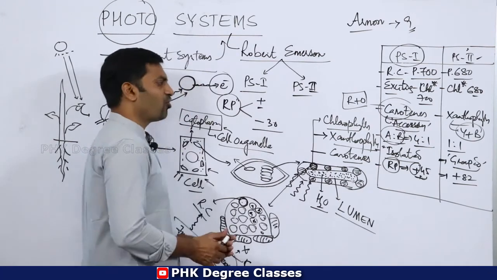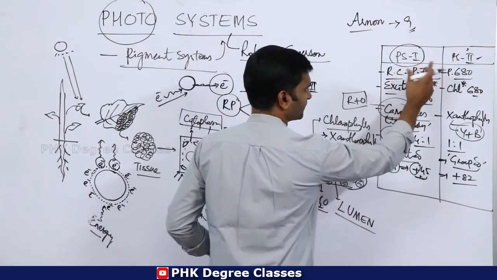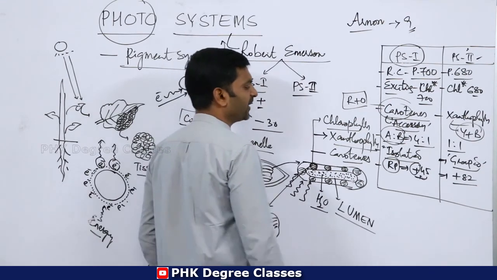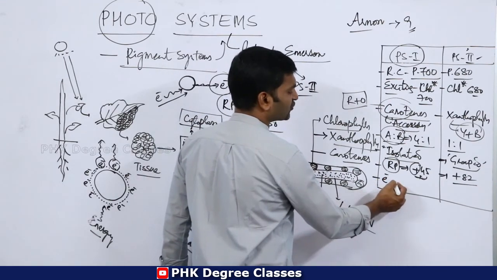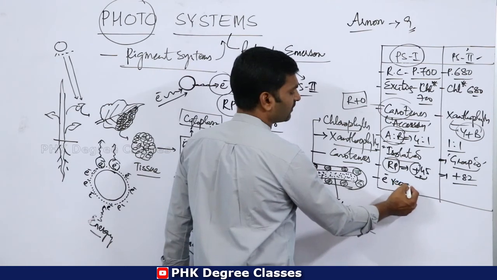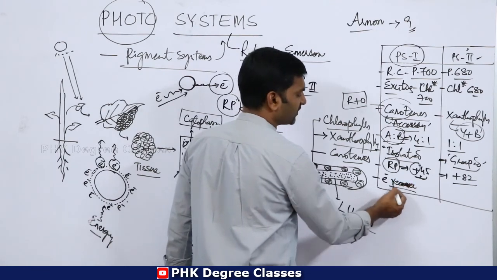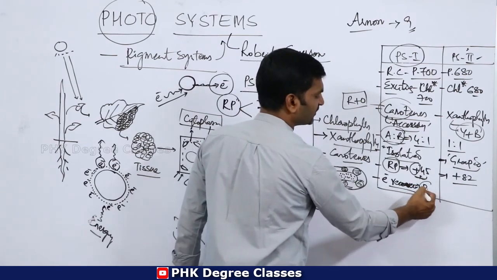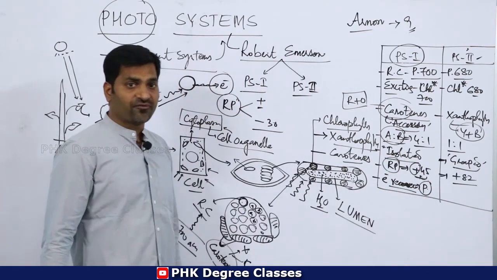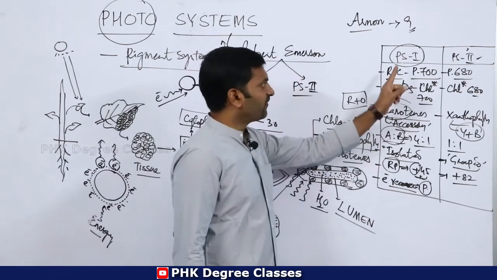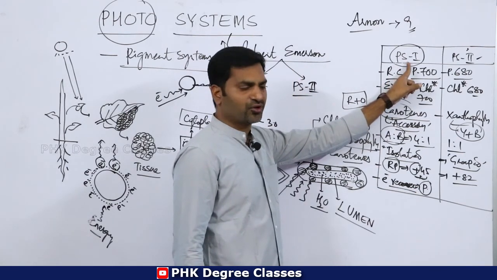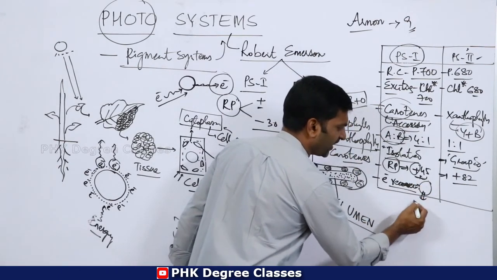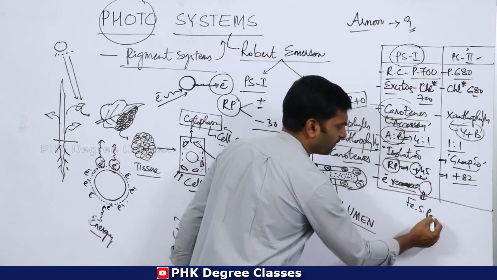Then the final concept of this particular differentiation between photosystem 1 and 2 will be the first electron receiver. The first electron receiver of PS1 is iron sulfur protein.